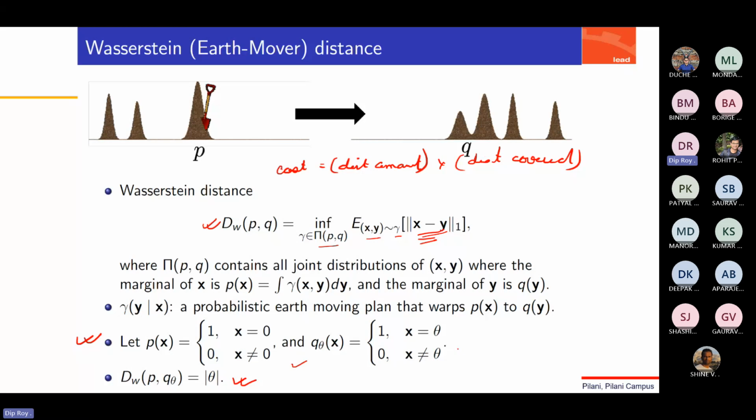Even if the support is missing, the maximum distance that we can have is basically theta. And it is a much smoother distance measure. That is the reason why we went for the Wasserstein distance.